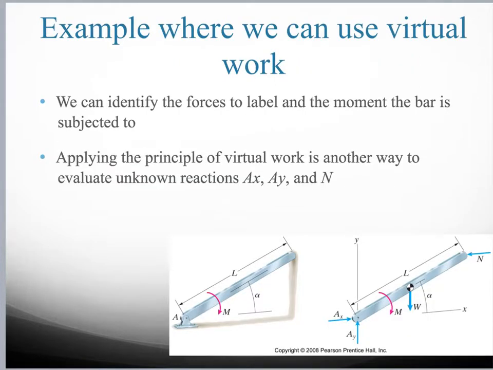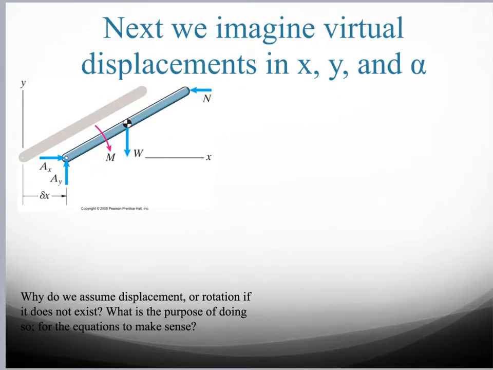So, here is an example where we might be using virtual work. The first thing that is done is the free body diagram, where all the forces are identified and labeled. And now we're going to imagine particular displacements.